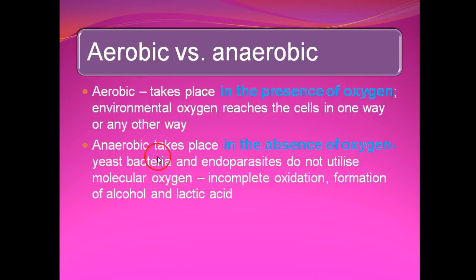In this case, anaerobic respiration takes place. It is an incomplete oxidation. It causes the formation of alcohol and lactic acid. So the factor which determines whether respiration is aerobic or anaerobic is the presence or absence of oxygen. If it is in the presence of oxygen, it means aerobic, and if it is in the absence of oxygen, it is called anaerobic.